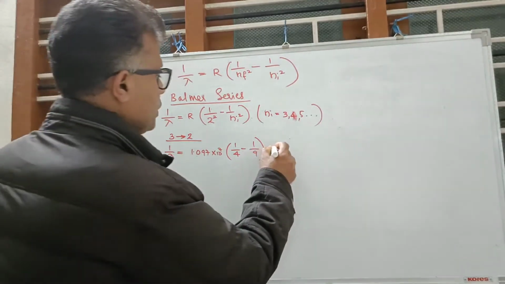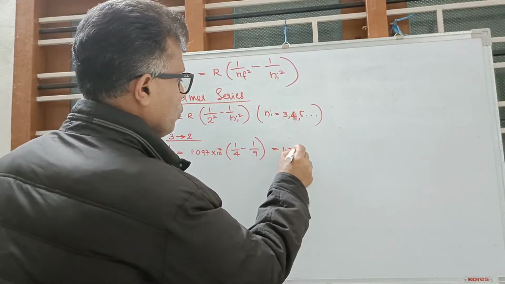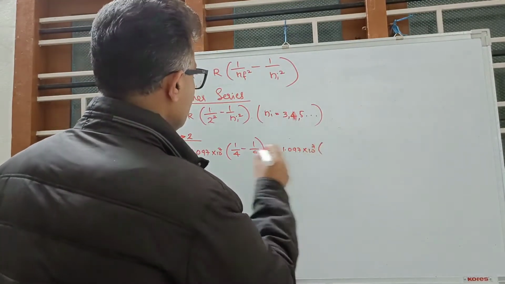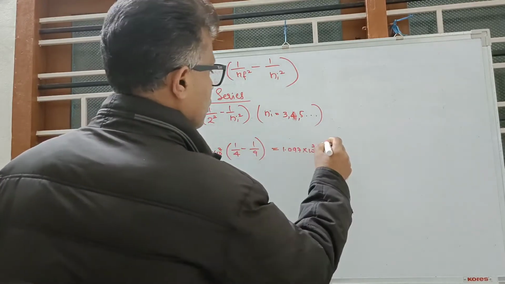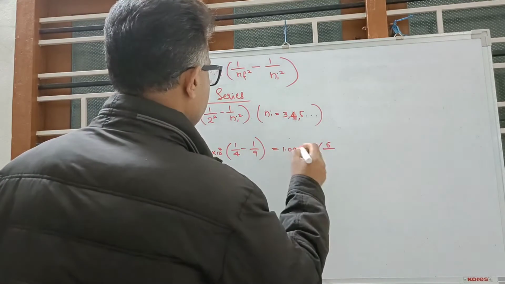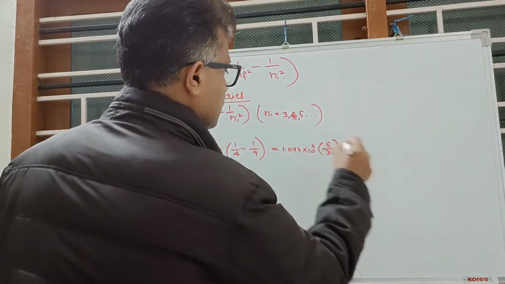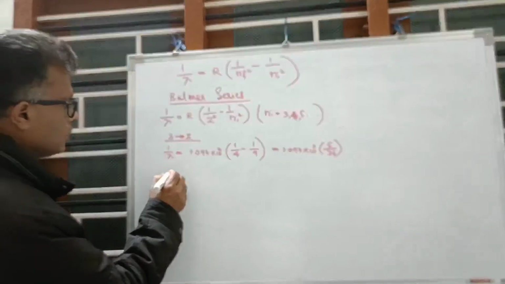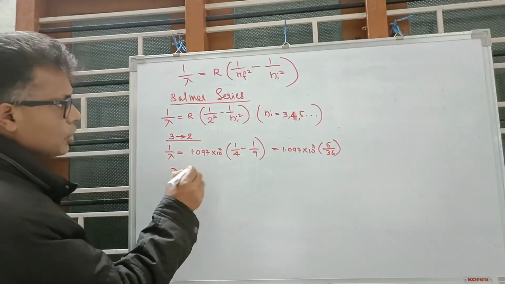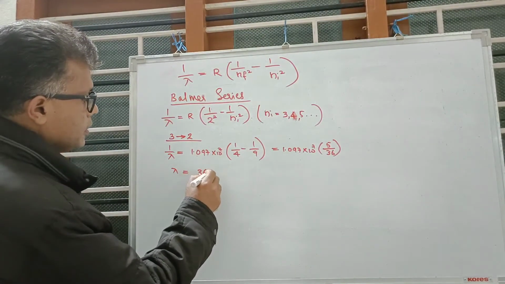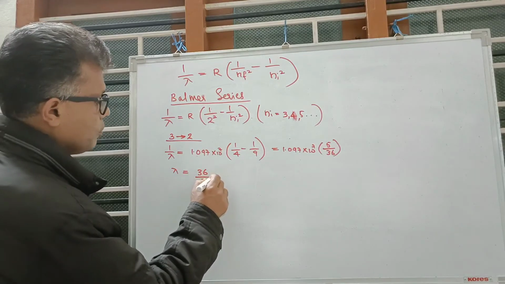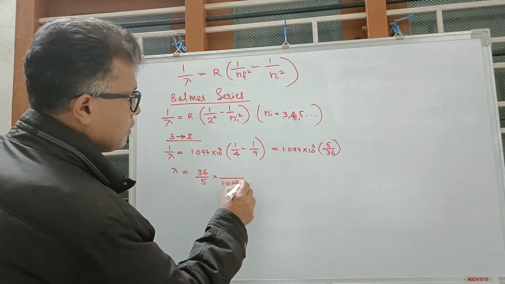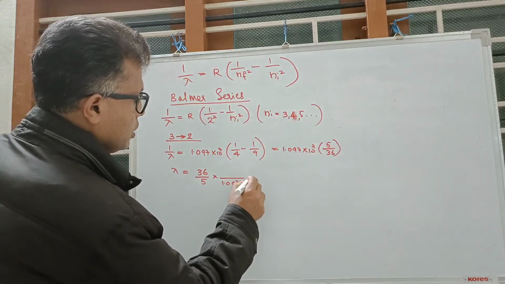So it becomes 1.097 into 10 raised to 7 into 5 by 36. Clear, no? You can just calculate. So now I am just calculating lambda is equal to 36 divided by 5 into 1.097 into 10 raised to 7.